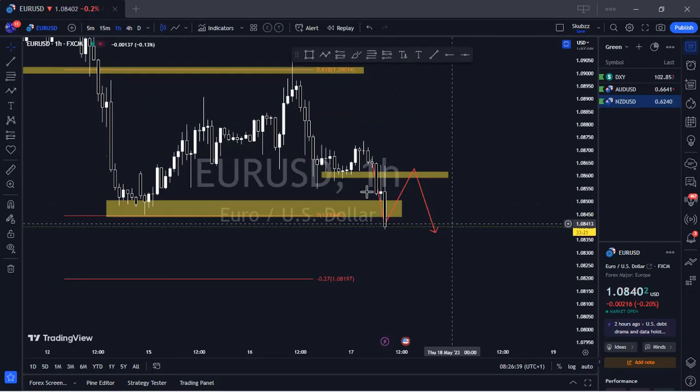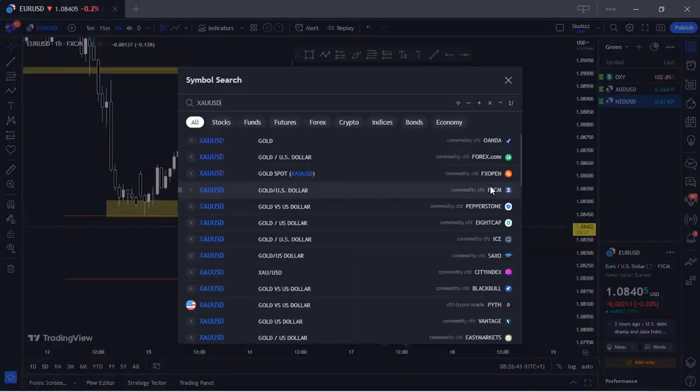Is there any other pair, guys? Okay, you said gold. So let's take a look at gold.